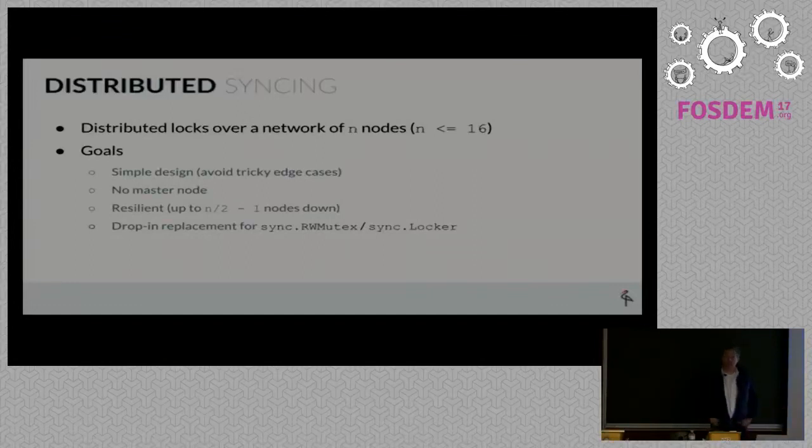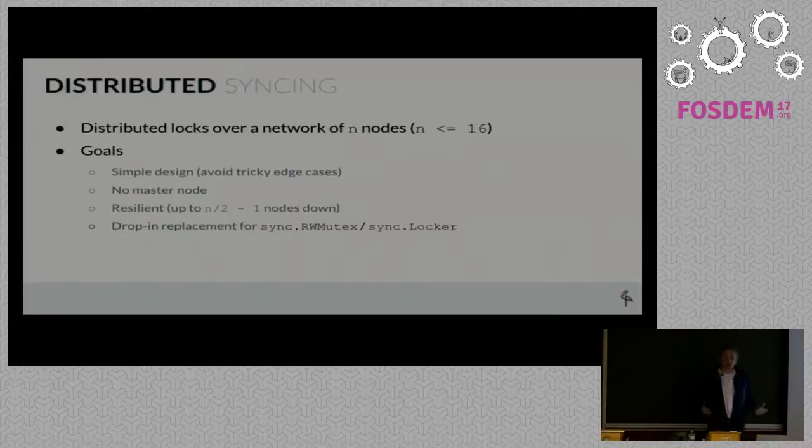The design goals that we wanted to have was basically to keep the design simple. Also meaning there's, for instance, no concept of a master node. Because if you have a master node and the master node goes down, then your whole system is down. So you need to have backup master nodes, and then you already talk about 2 or 3 master nodes, and it quickly starts to become more complicated than what you initially think.